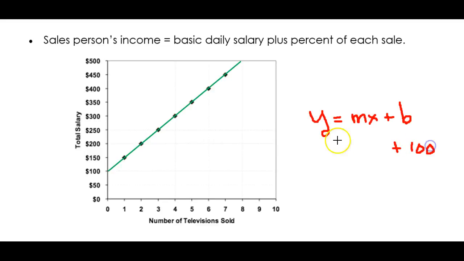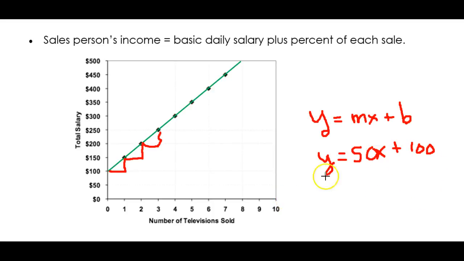And then from there, I would say, all right, what is my slope? Well, it looks to me like they went from $100 to $150 after one television was sold. So that tells me that they're making $50 per television after the initial $100, right? So my slope in this case is $50, $50 per television set sold, right?